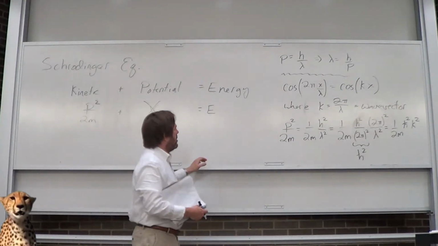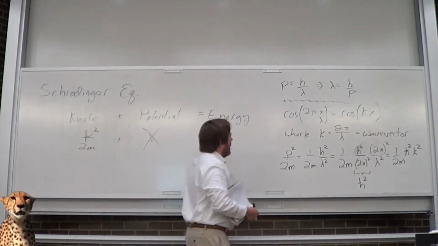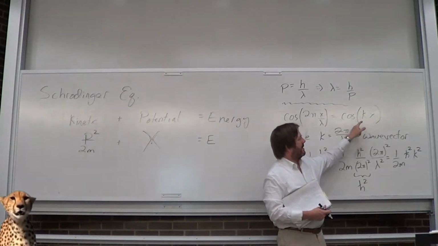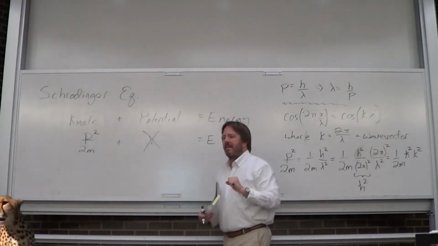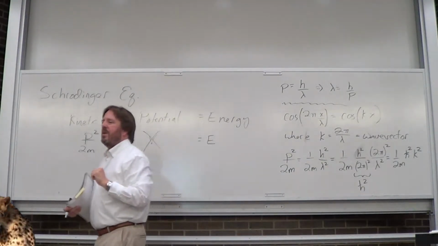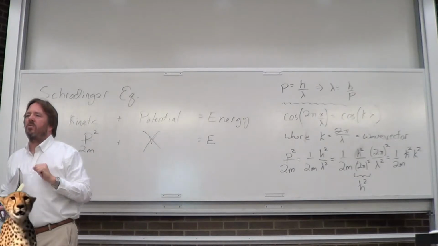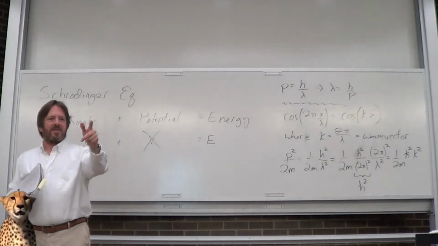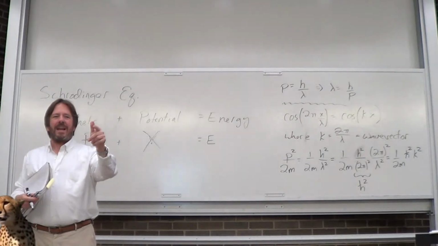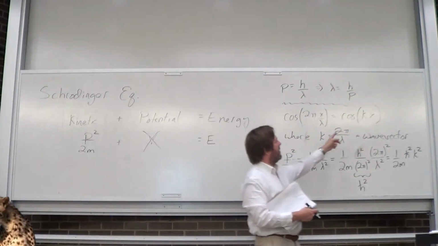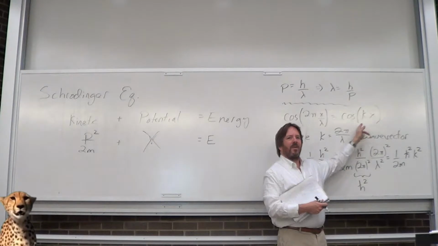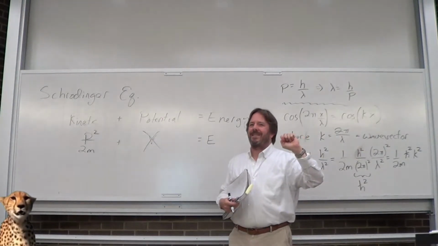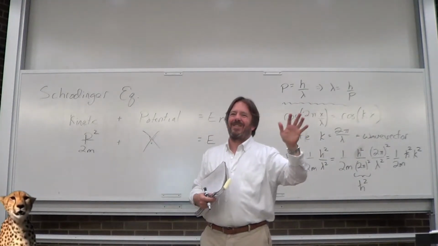And it has to do it on this. It has to do it on that. How do you get a k out of a cosine? How can I get a k to pop out of this function? Derivative. Okay, now how do I do it twice? Second derivative.